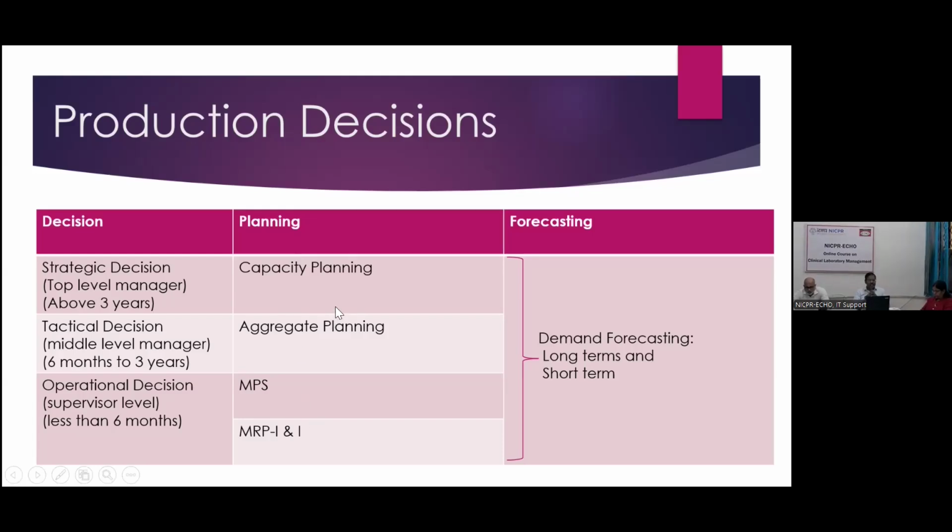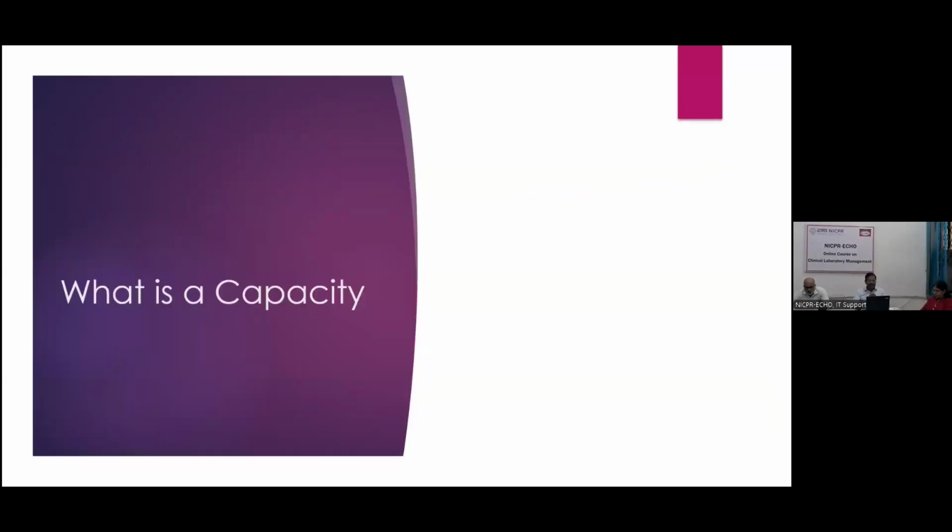At strategic level, there is capacity planning, and for capacity planning as well as aggregate planning, then MPS and MRP. MPS is master production schedule, and MRP is material resource planning. For these, we need demand forecasting, which can be both long-term and short-term. For capacity planning, we need long-term forecasting, and it is a strategic level decision.